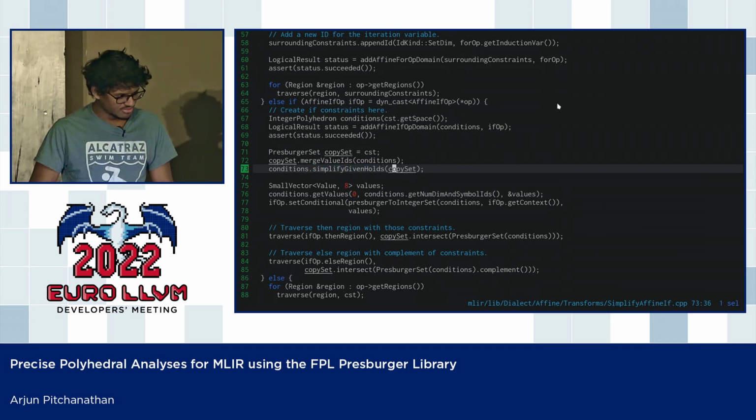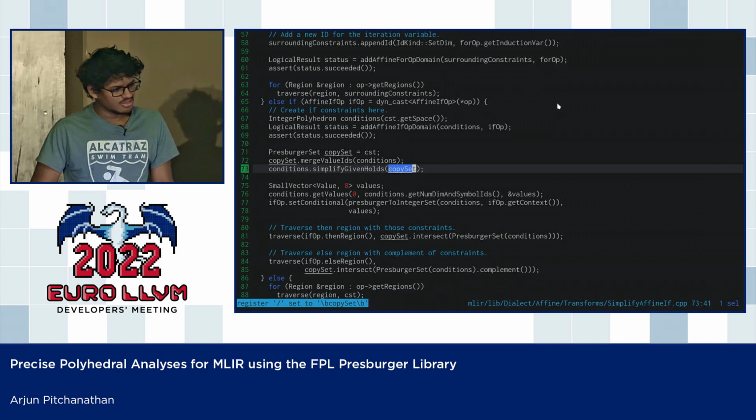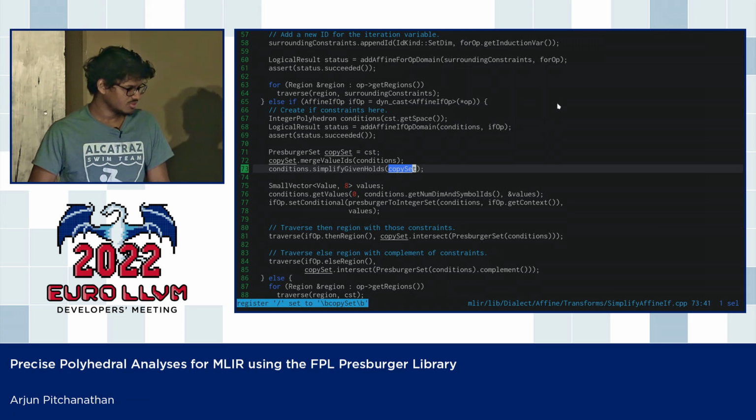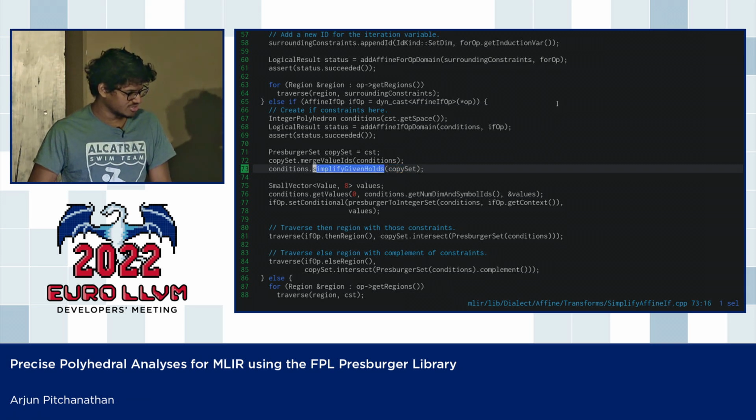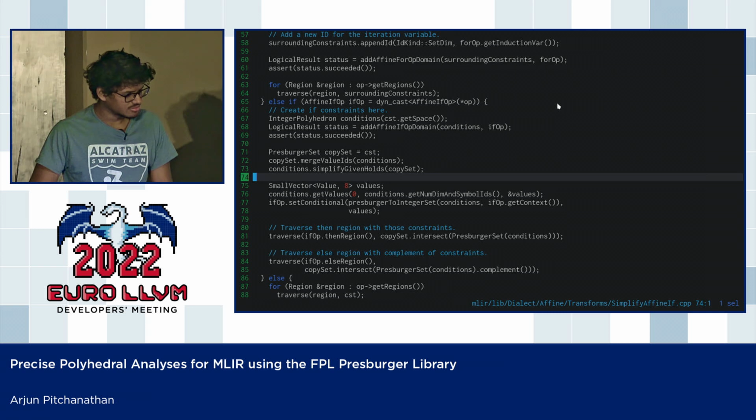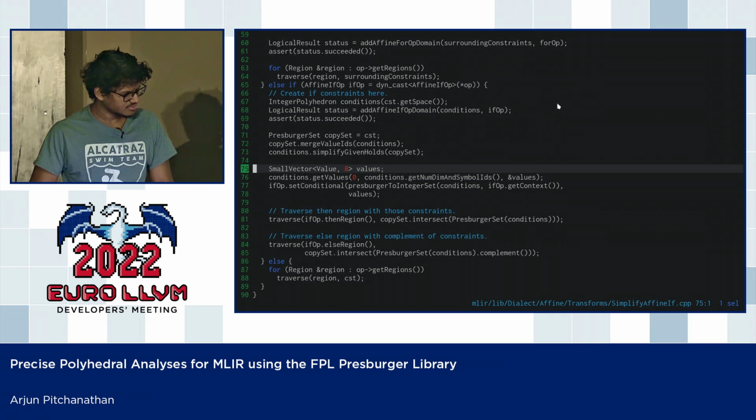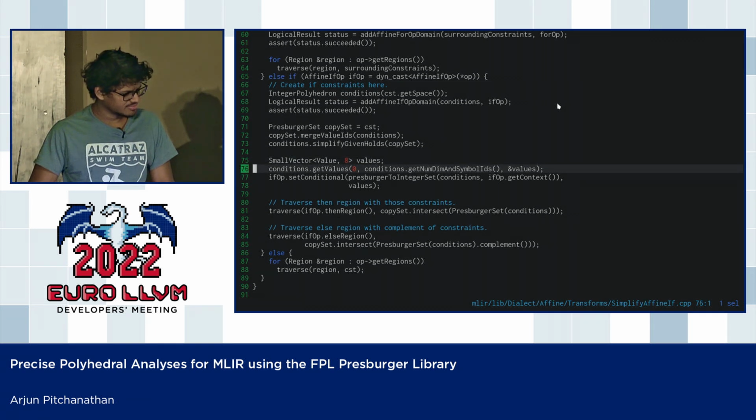And finally, we do the simplification of the condition, which is what we wanted to do in the first place. So we have the merged set, which is the context, and given that those context constraints hold, we want to simplify conditions. We're doing that here. And now we just need to set the condition of the if op.